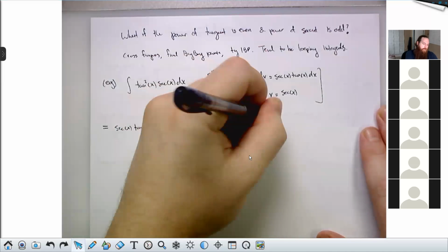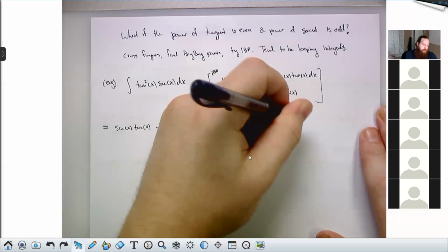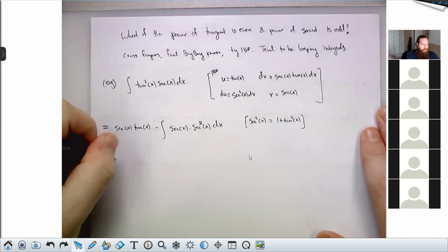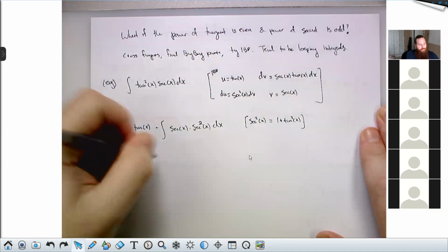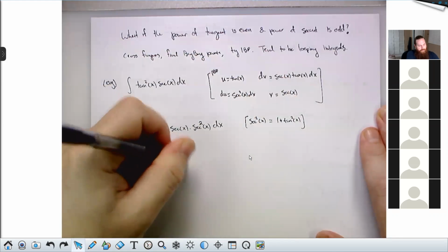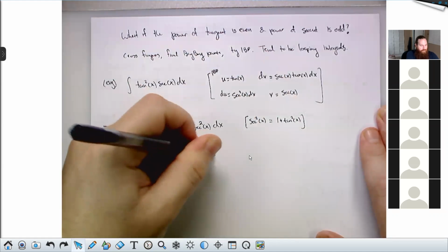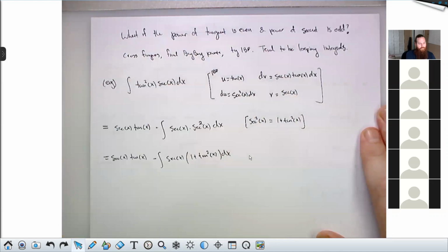Secant squared x is equal to 1 plus tangent squared x. So I can rewrite this as secant x tangent x minus the integral of secant x times 1 plus tangent squared x dx. And then distribute.